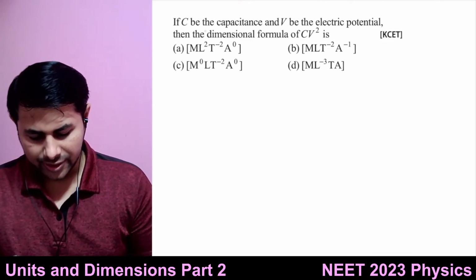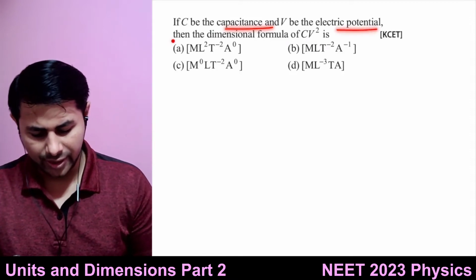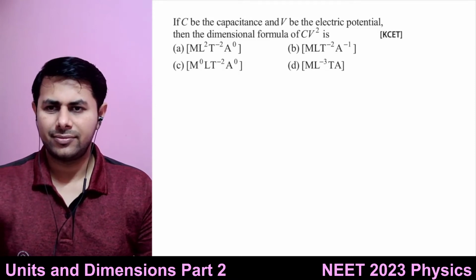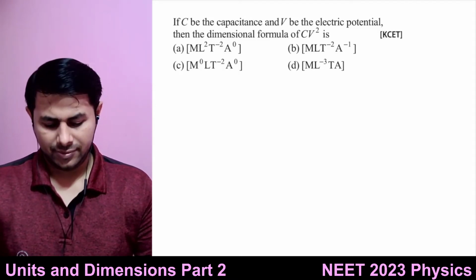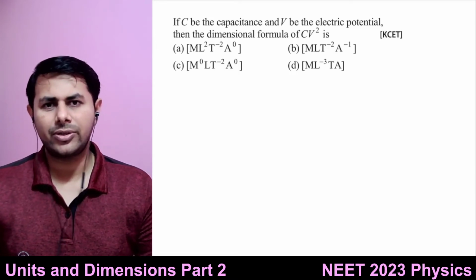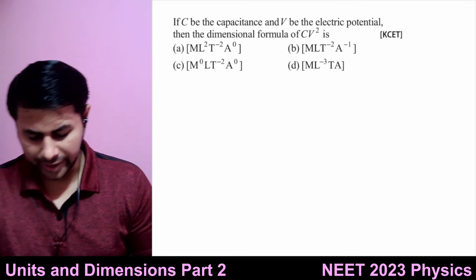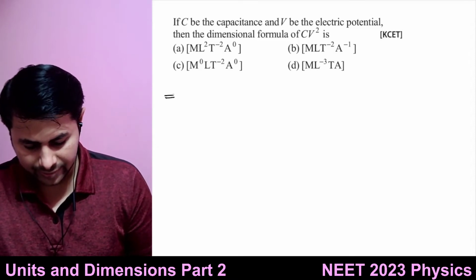Next question. C be the capacitance and V be the electric potential, then the dimensional formula of CV square is. Let's find it out. So what is capacitance?